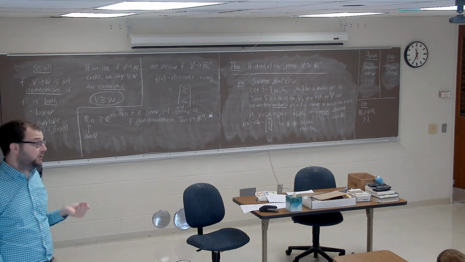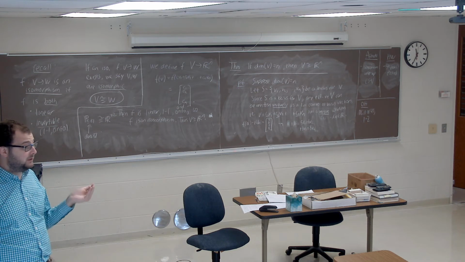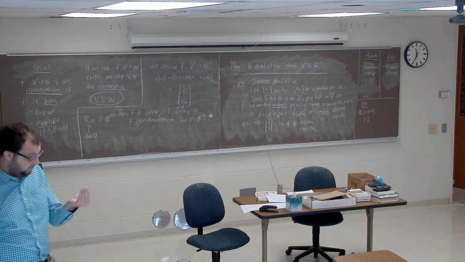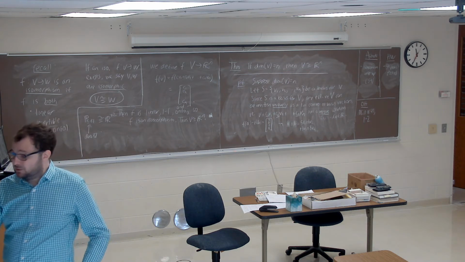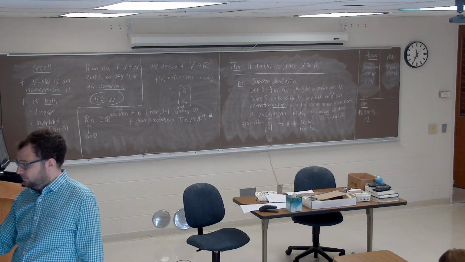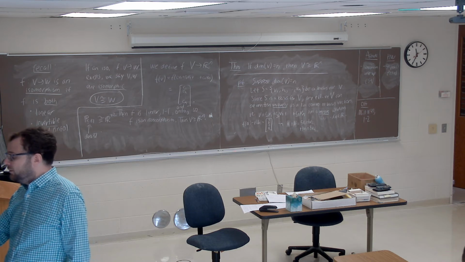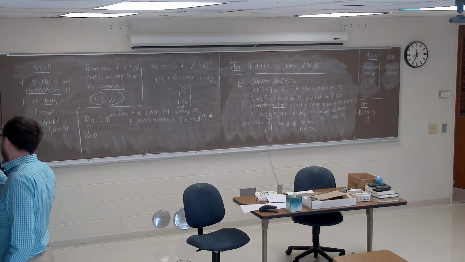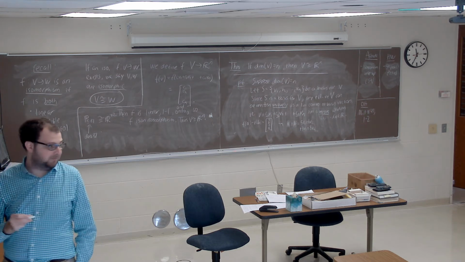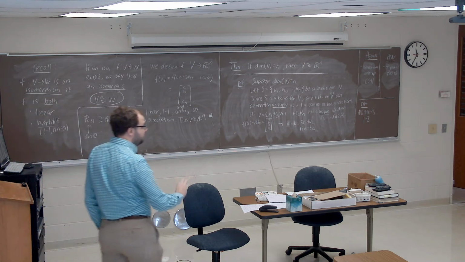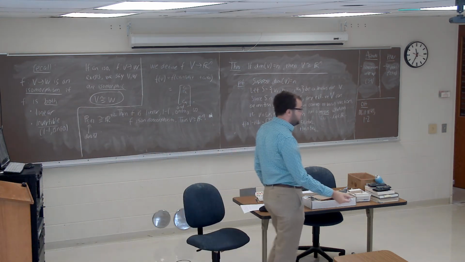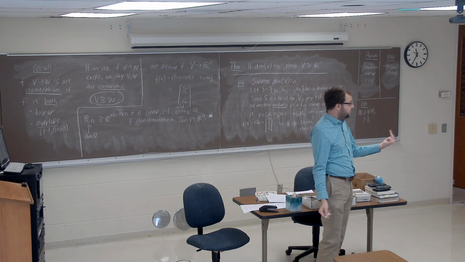That's what it means to be 1 to 1. If f of v1 equals f of v2, then v1 equals v2. So we know f is 1 to 1. We also know that f is onto.